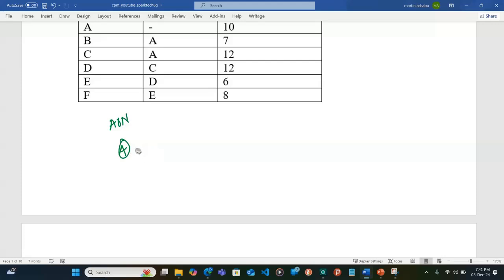So we are beginning with A, and after we have finished A, that's when we can do B, that's when we can do C. Then also, after finishing C, we can do D. And after finishing D, we can do E. And after finishing E, we can do F.